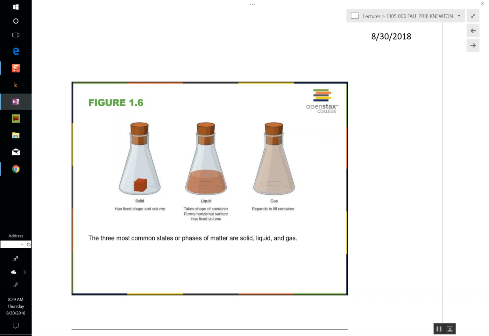I wanted you to see what's going in the balloon. You don't know what's going in the balloon yet. Maybe you do. But we got a liquid and a solid. So there's our solid, there's our liquid. There's our balloon.